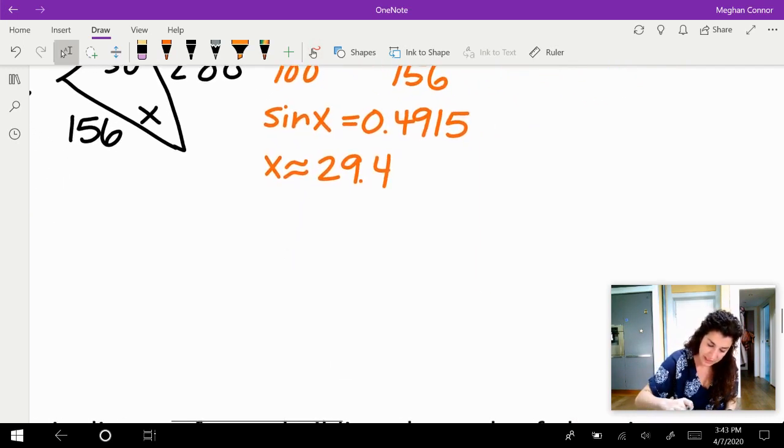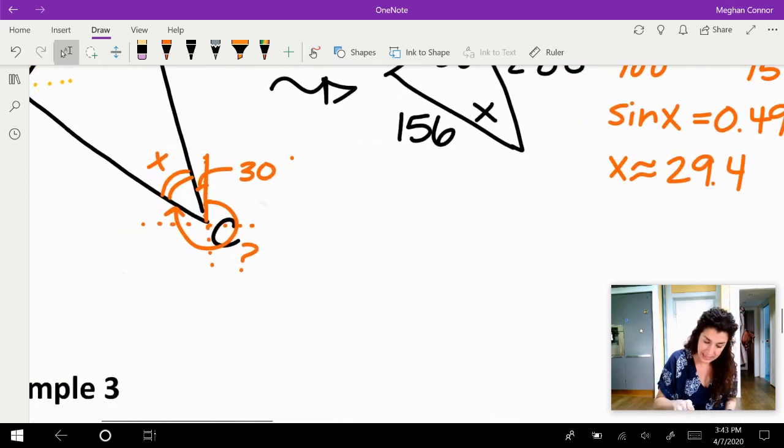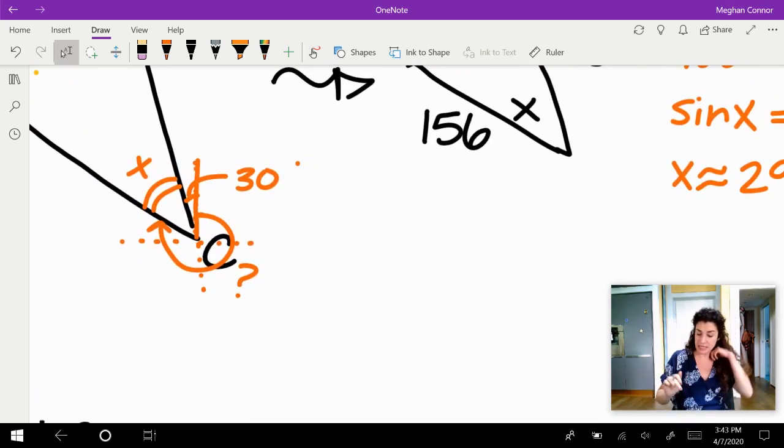So in order to find my bearing, remember going back to this diagram, I need to take 360 and subtract out 30 and X, and then whatever angle is left is how much I have to turn from your perspective all the way around.